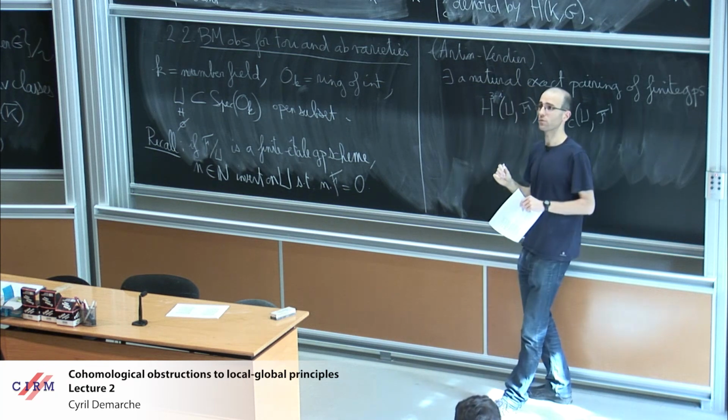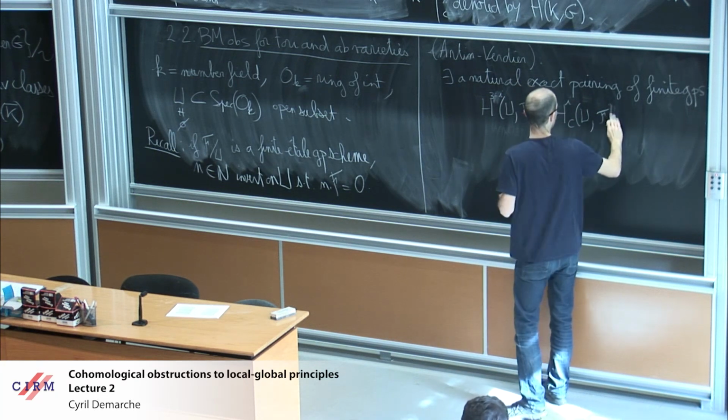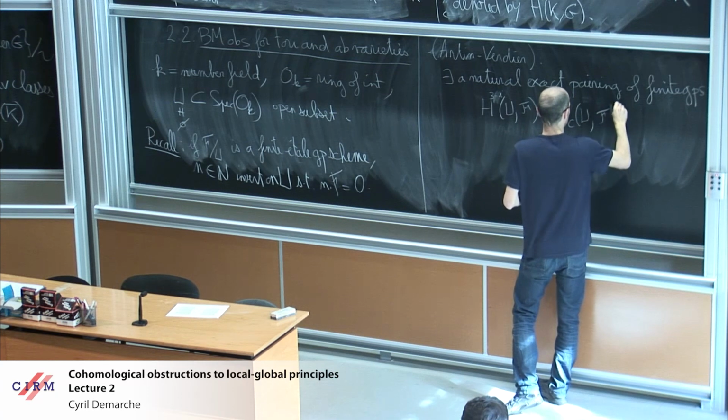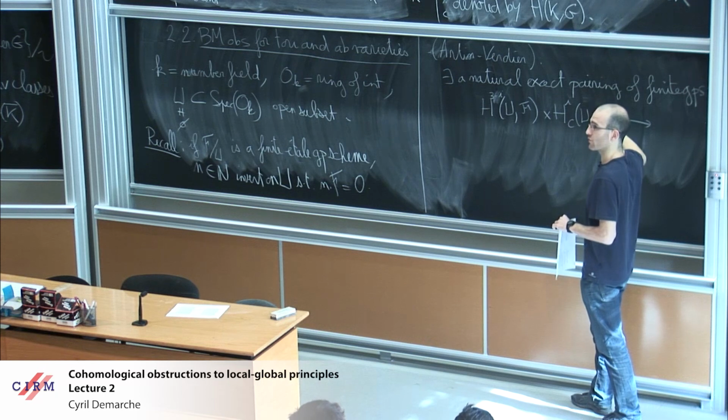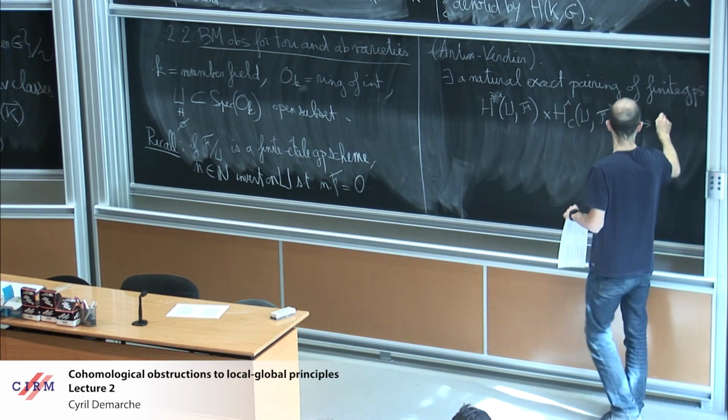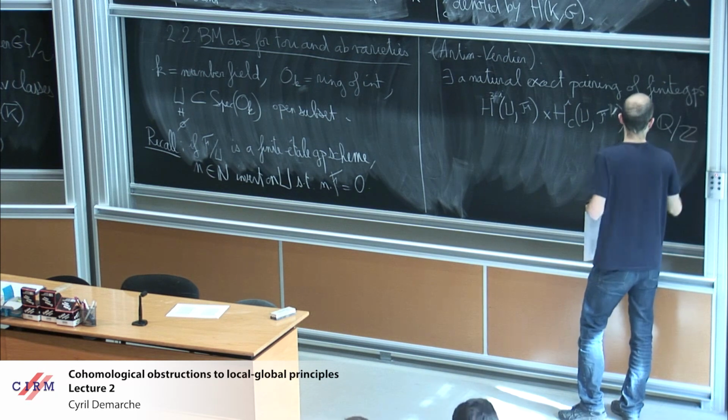What was your notation for the dual? F prime. F prime? Okay, so I will try to keep this notation. With values in H^3 with compact support of G_m, which was canonically identified with Q/Z.